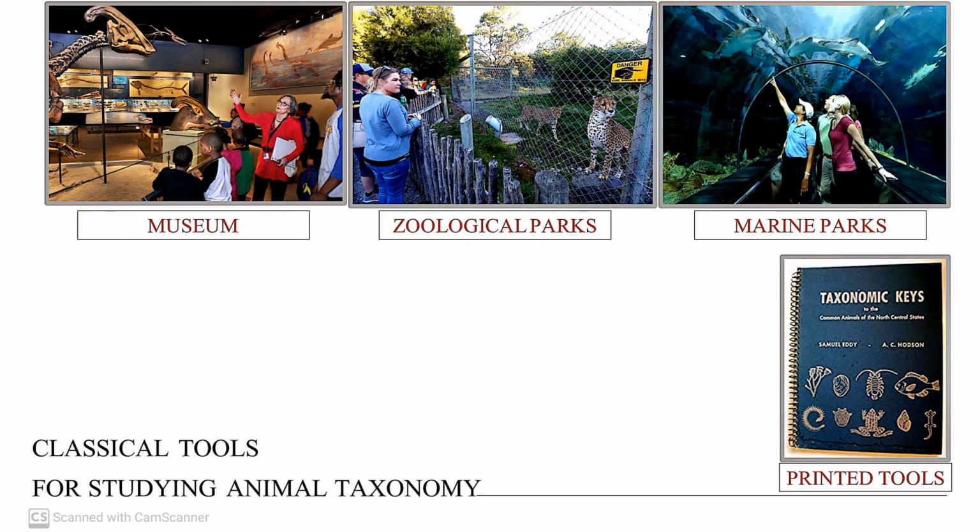In botany, there are a lot of taxonomical aids which help us to get knowledge about each organism so that we can group them into different categories. In the same way here also we have museums, zoological parks, marine parks, etc., which help us to classify the organism. We also have printed tools, books, magazines, etc., for us to know more about classification.